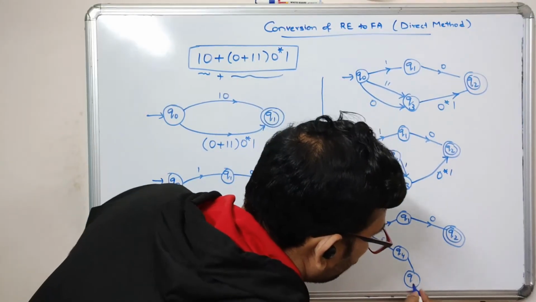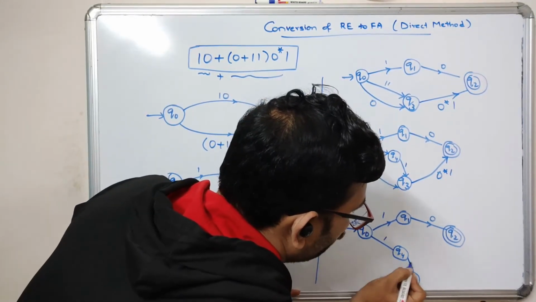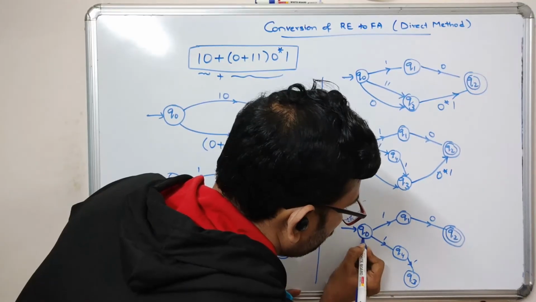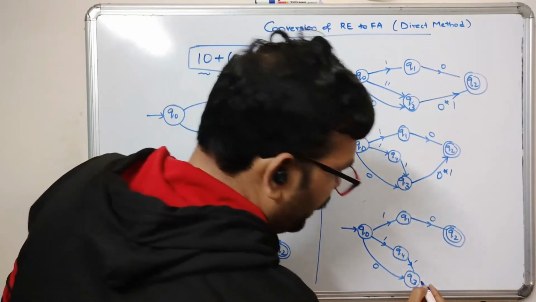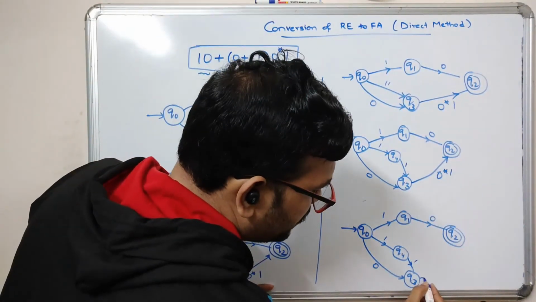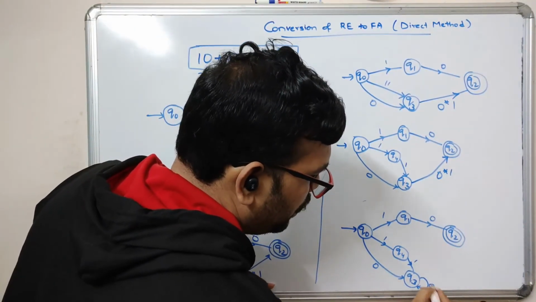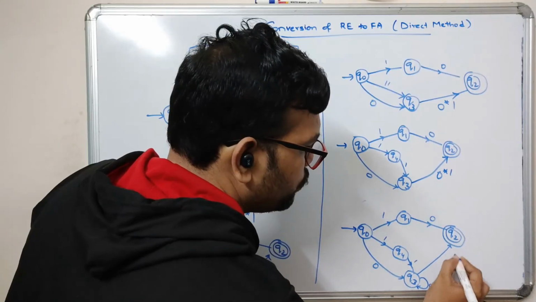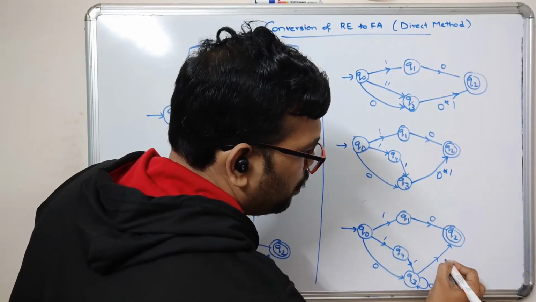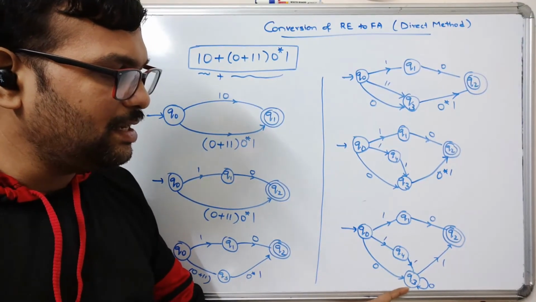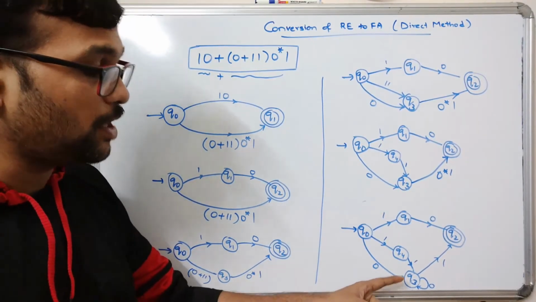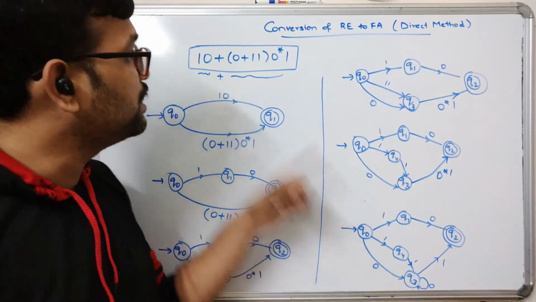Okay, Q3, and it is 1 and 1, and directly there is a transition from Q0 to Q3 with a 0. And again you can see here 0 star means there is a self transition here on 0, and there is a transition to Q2 upon 1. So this is the final finite automata for the given regular expression.